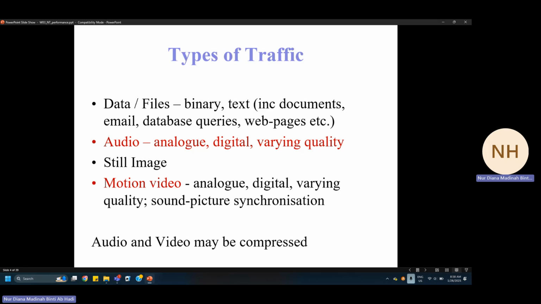Still image is just normal pictures. Motion video can be analog or digital with various qualities, or we may know it as sound and picture synchronization. Keep in mind your audio and your video may be compressed.